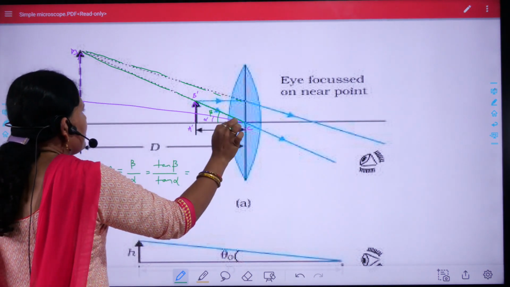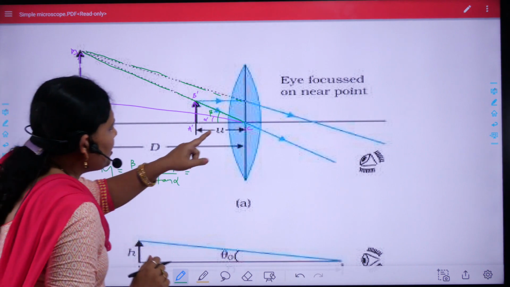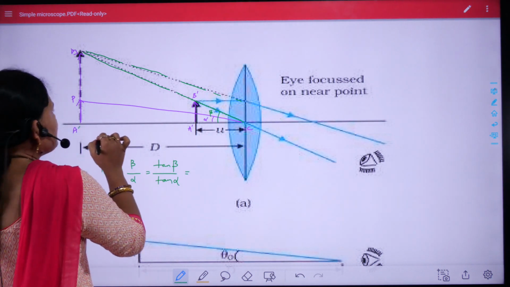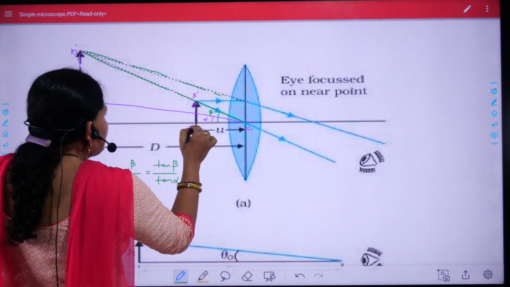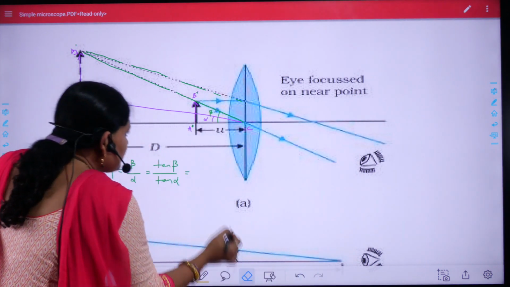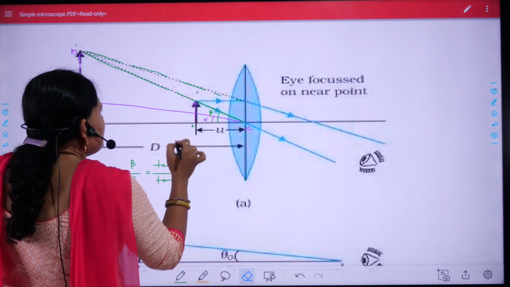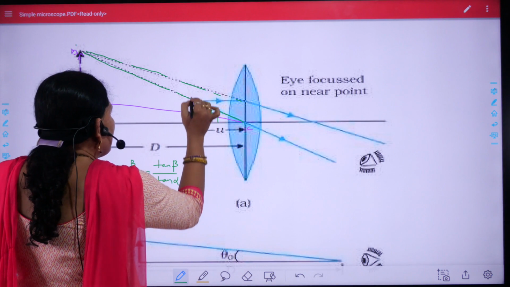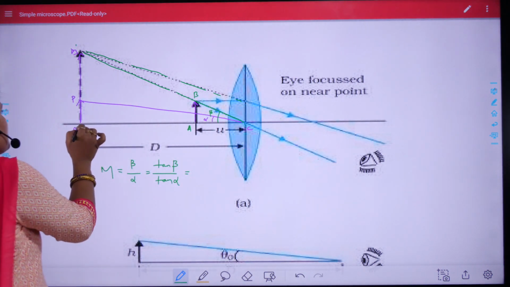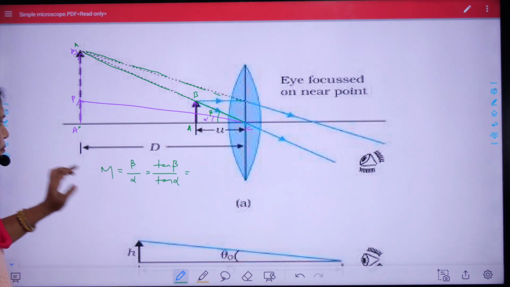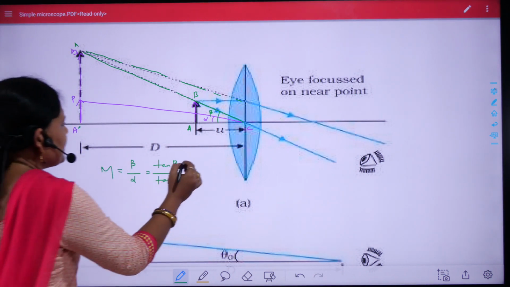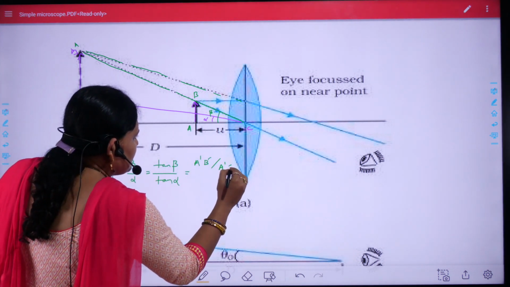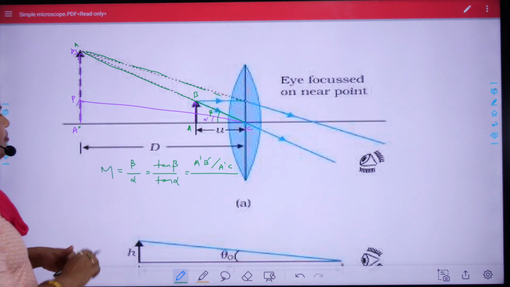Let me take this triangle A dash B dash C. So in A dash B dash C, tan beta is, sorry, this is the image, so A dash B dash, and this is the object, so AB. So tan beta is A dash B dash by A dash C, divided by, for tan alpha, what will I take?